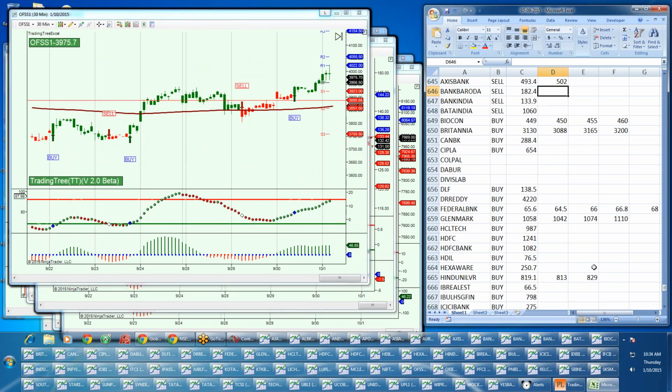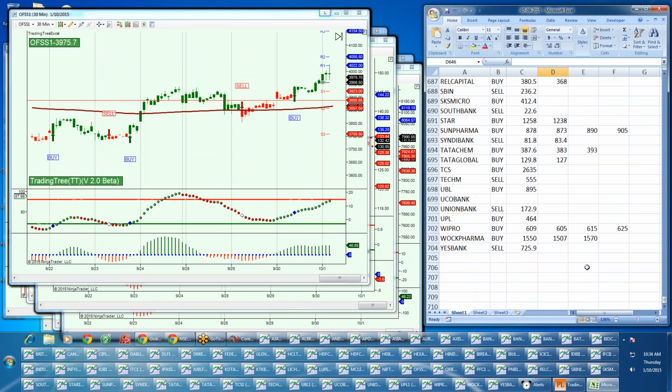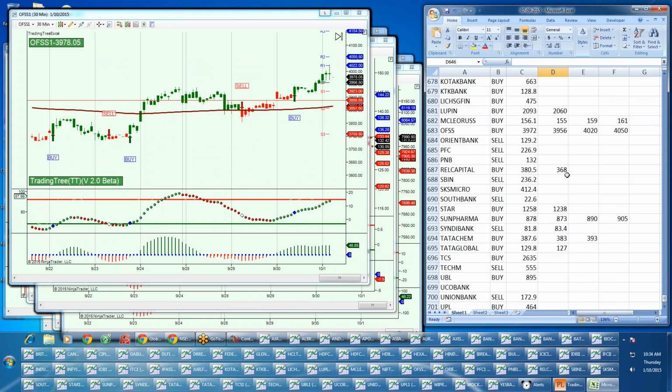So this target is done, OFSS 4020. This target is also done.